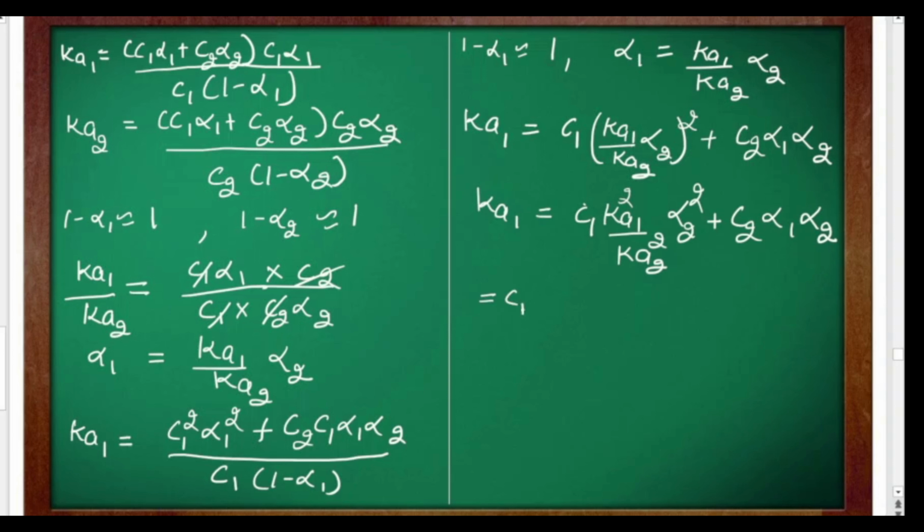Similarly, nitrite ion concentration is 0.15 multiplied by 0.45 divided by 8.43, which gives 8 multiplied by 10 raised to power minus 3. Acetate ion concentration is 0.2 multiplied by 0.018 divided by 8.43.